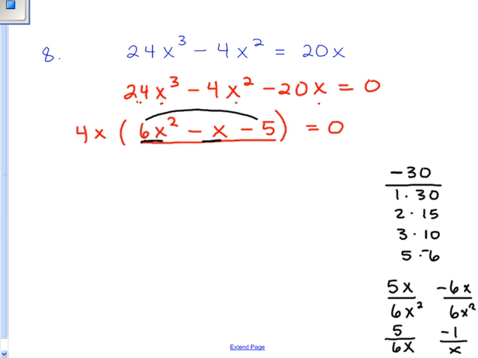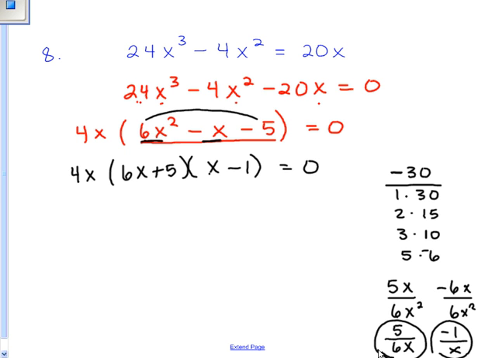So bottom to top, when I rewrite my problem, I'm going to have 4x. My first binomial would come from the first term here, so that would be 6x plus 5. The second binomial here, x minus 1, equals 0.